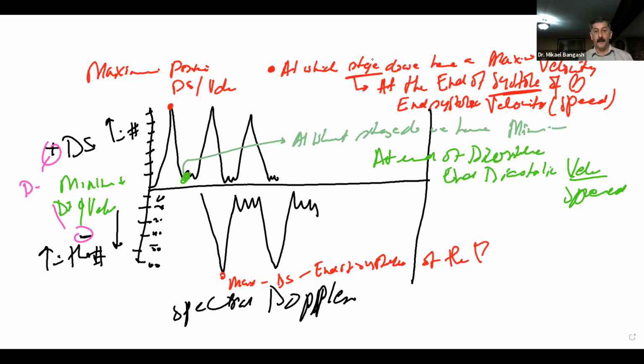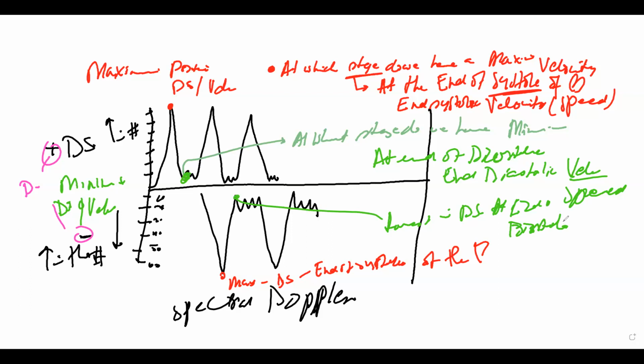Whereas this velocity here is going to be the lowest negative Doppler shift, which means it's going to be at the end of diastole. Did that make sense? Yes, it did. Good.